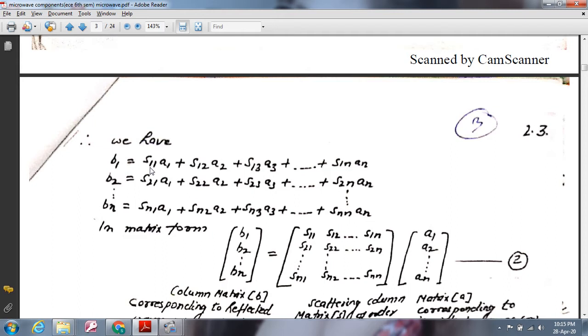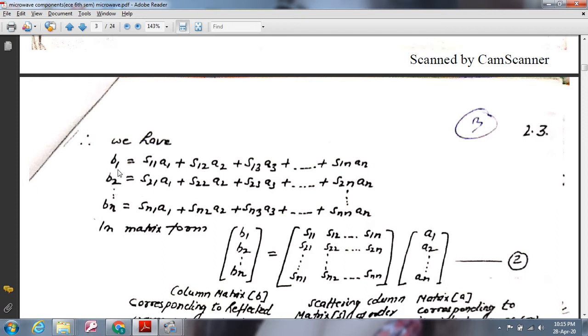So the source is connected at the first port, that is why S, this first one, and this second one because reflections are coming from line number 1. This is corresponding A2. Again this is S1, the source is again connected to the first port, first line, and S1 to A2 like this.